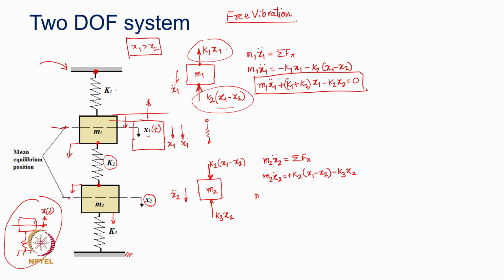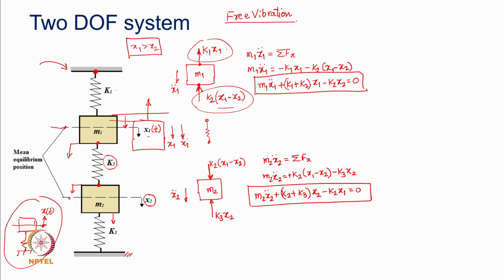Now, reorganizing this equation: m2 x2 double dot plus (K2 plus K3) into x2, and minus K2 into x1 equal to 0. That is my equation number 2.